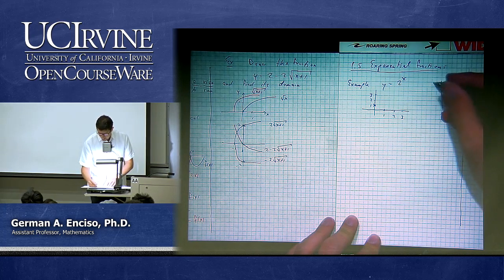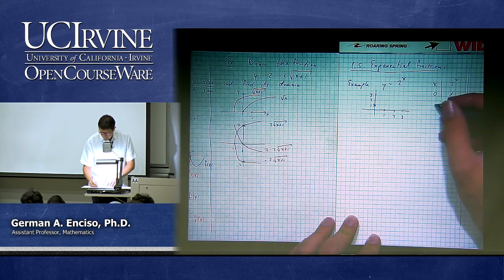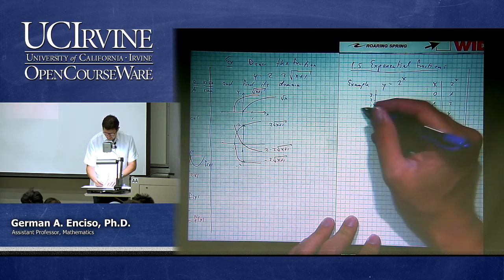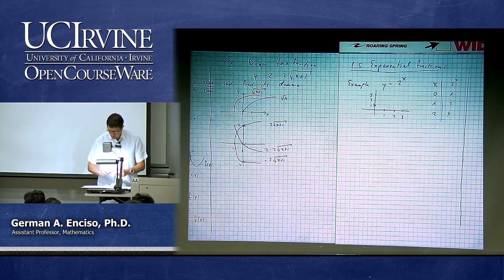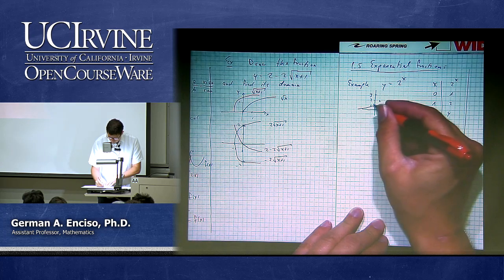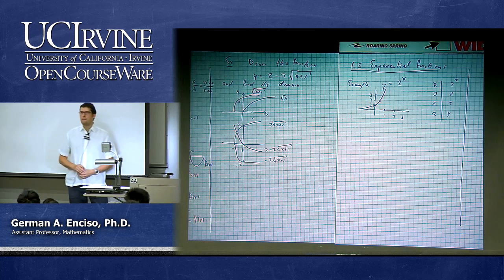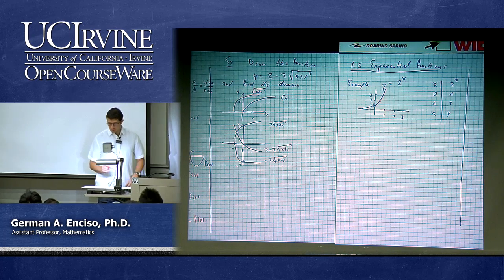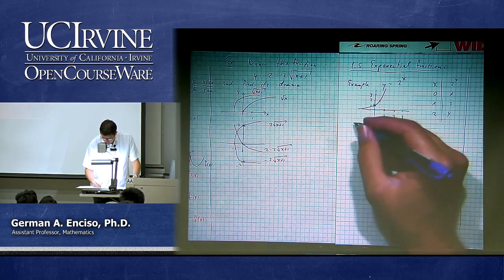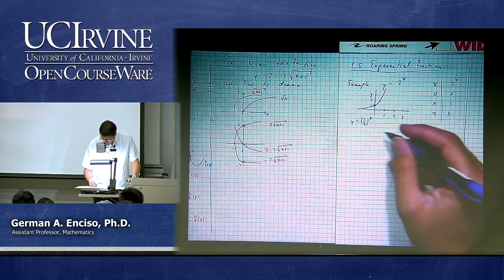Okay? So x, 2 to the x. If x is 0, 2 to the x is 1. If x is 1, 2 to the x is 2. If x is 2, 2 to the x is 4. So you have this increasing function, like this. What about y equals 1/2 to the x? What happens then?